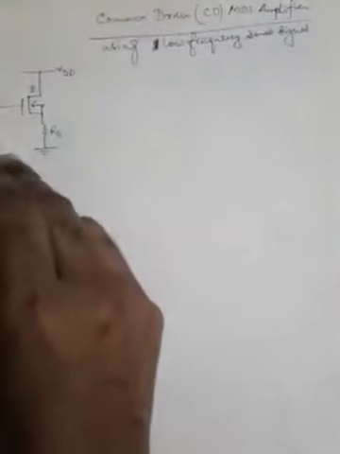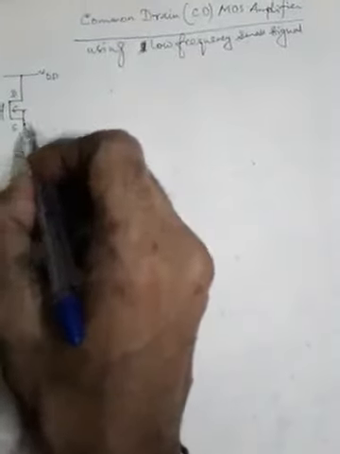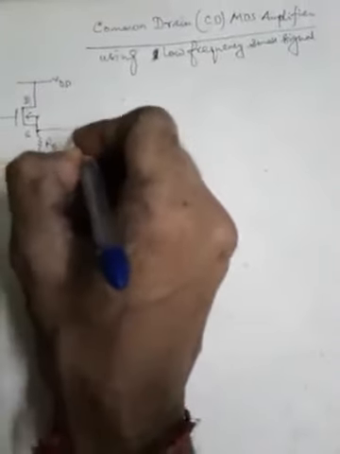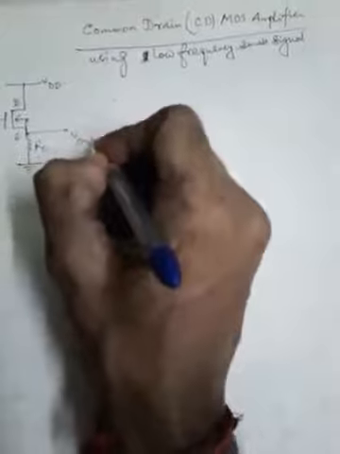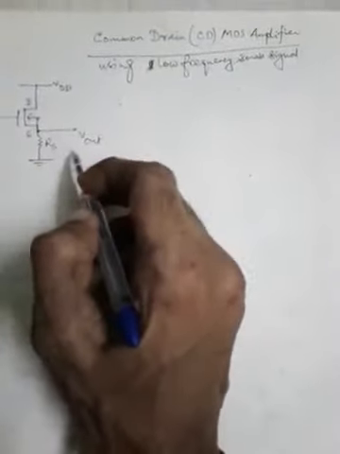The resistance here is the output resistance RS, and the input is applied at the gate with respect to drain, and the output is taken from this source terminal. From here the output V out is taken, so V out is measured across this source resistance RS.